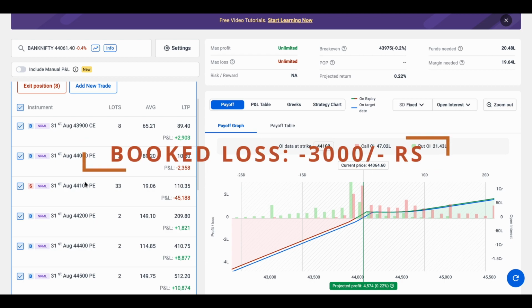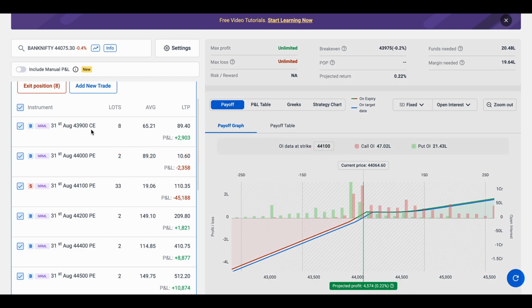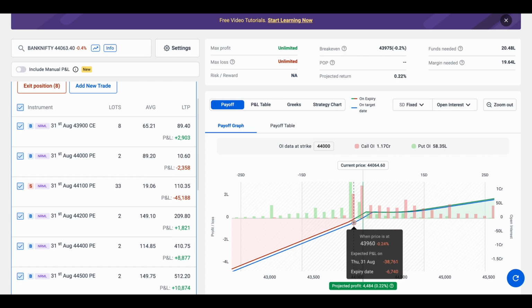So I closed that one, and I closed the put buy position of 8 lots also, because there's no premium left. It's around zero also.